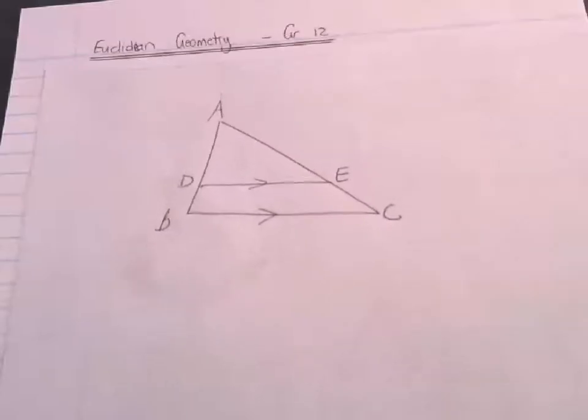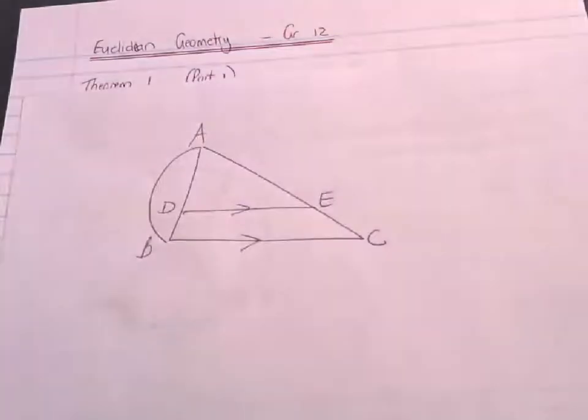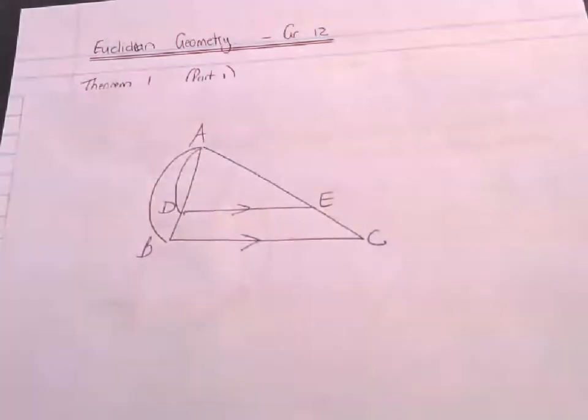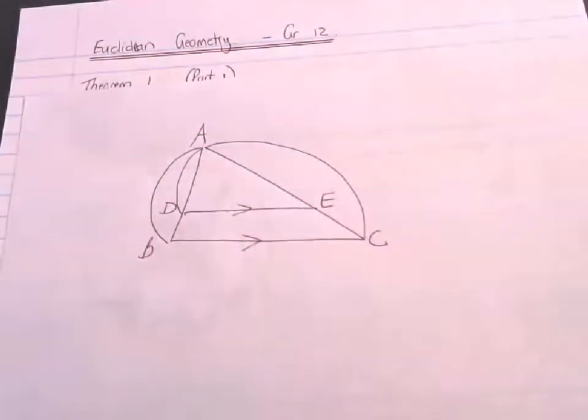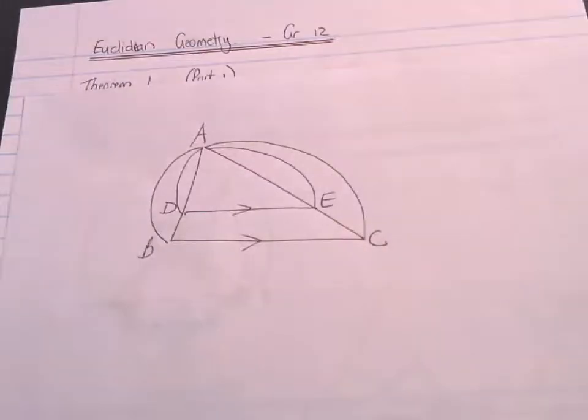That means if you take the length of AB and you divide it with the length of AD, you must do the same pattern on the other side. So it will be the length of AC divided by the length of AE.